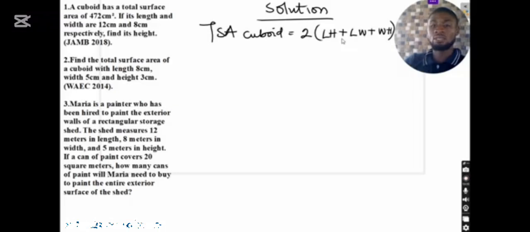Now, given that the length L is equal to 12 centimeter and the breadth, which is the width as well, is 8 centimeter.